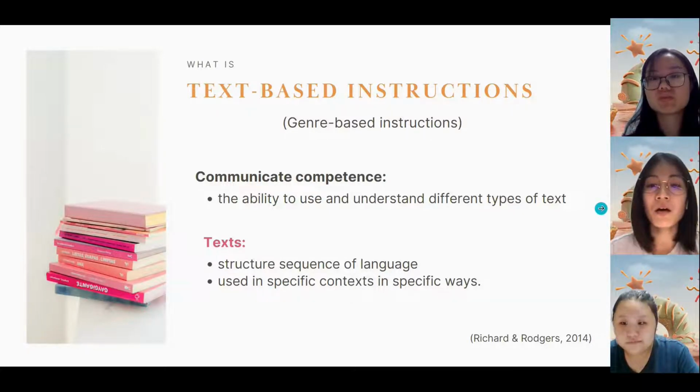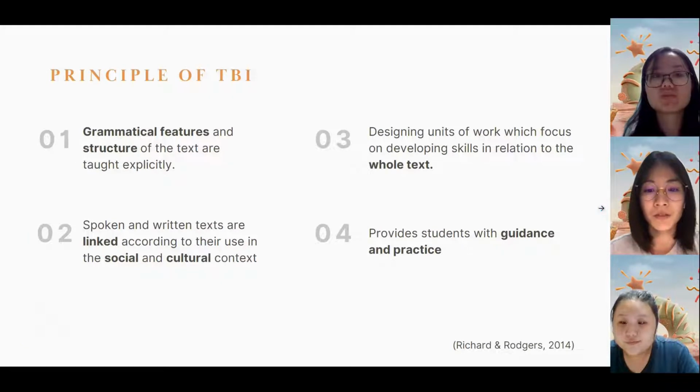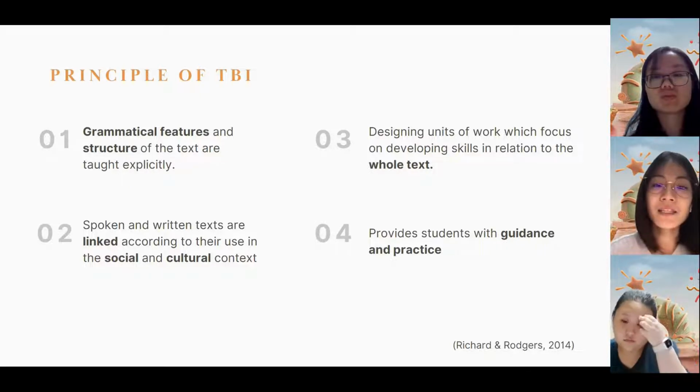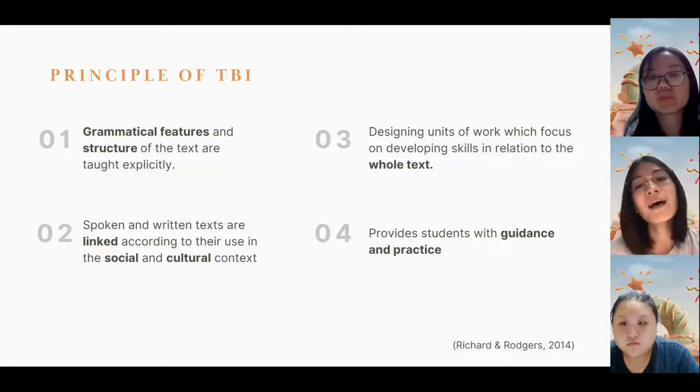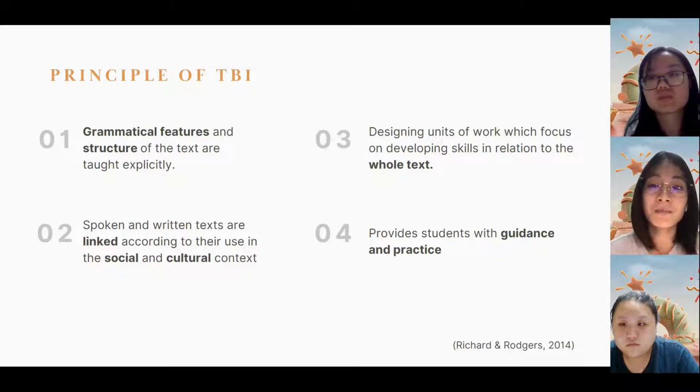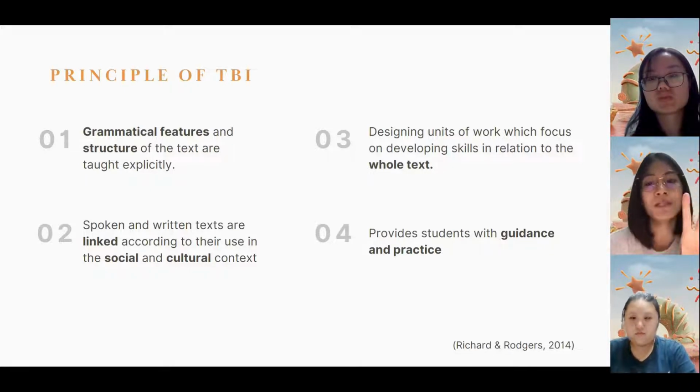Here are some of the very important principles that we need to know. First, grammatical features and structures of the text are taught explicitly. Second, spoken and written texts are linked according to their use in the social and cultural context. Thirdly, designing units of work which focus on developing skills in relation to the whole text, meaning you view the text as a whole.